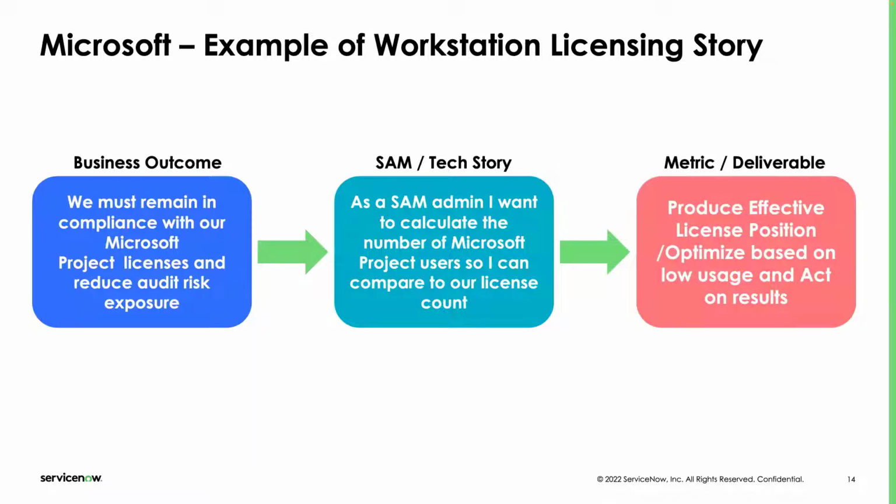Let's call that deliverable the effective license position, because in that snapshot in time I can show what the license position is and even call out any opportunities for optimization. So this is the story. And I'd like to see from your perspective, Srinivas, how would you address a situation like this within the product?